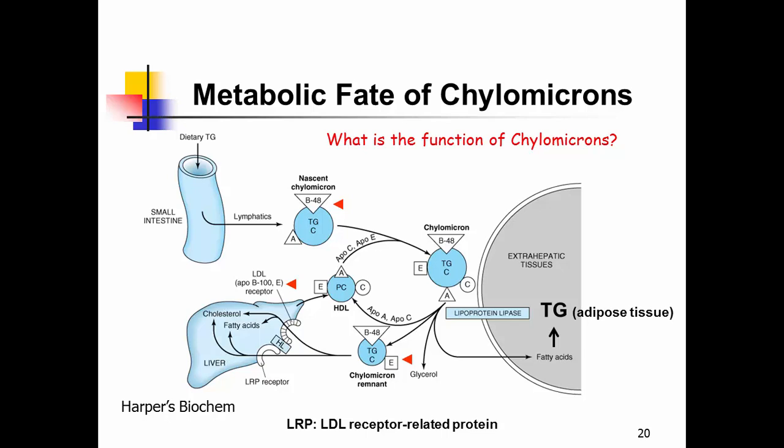So this is the main function of a chylomicron. Why do we need to synthesize chylomicron in the small intestine? Again, the purpose of chylomicron is to transport dietary triglyceride from the small intestine to adipose tissue for storage and also to the liver.